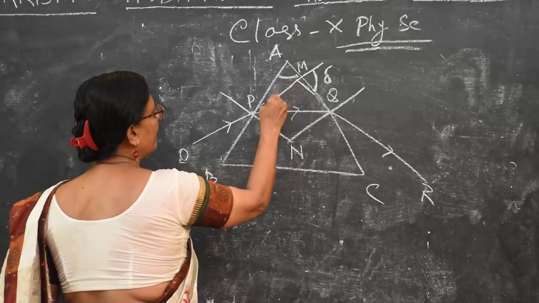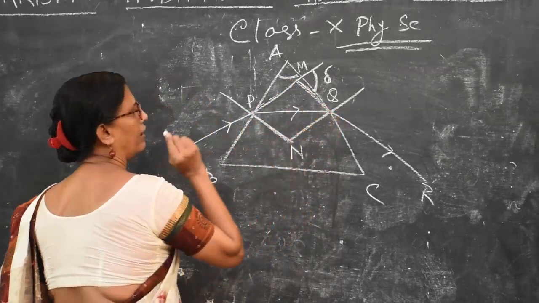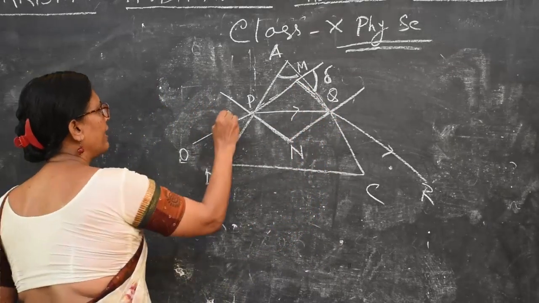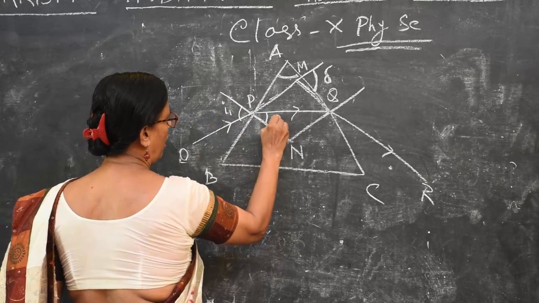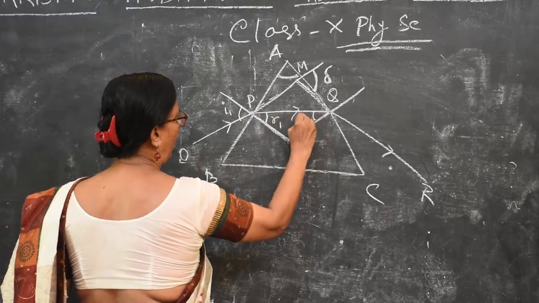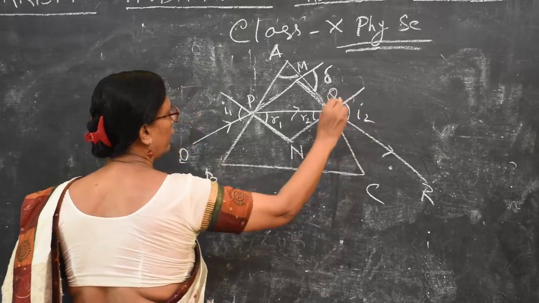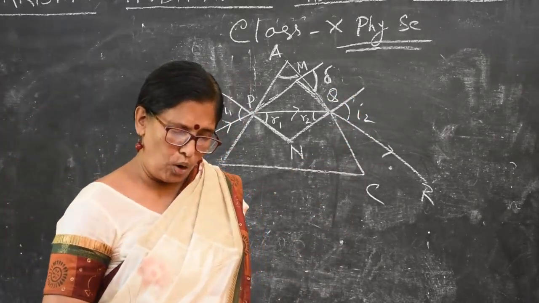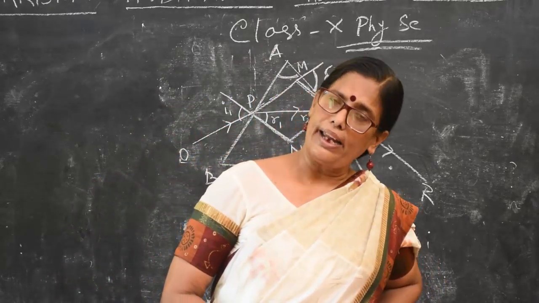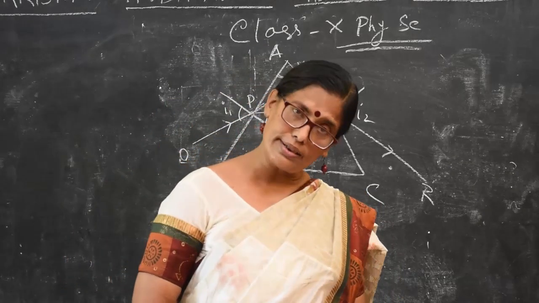This is a quadrilateral. Let this be I1, this is R1, this is R2, this is I2. Both the I's are in the air medium and both the R's are in the glass medium.